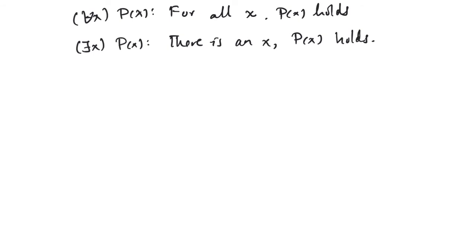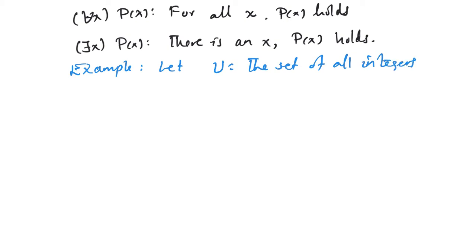To do this, consider the following example. Let the universal set be the set of all integers, and let p of x be x squared greater than 0, and q of x be x squared less than 0.